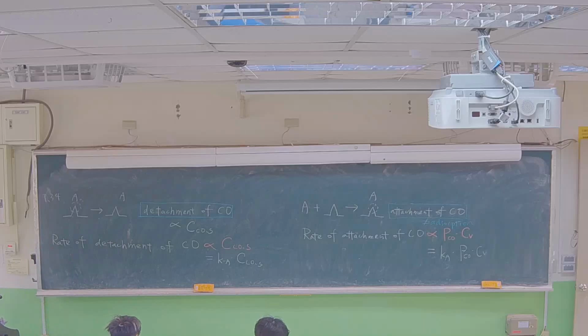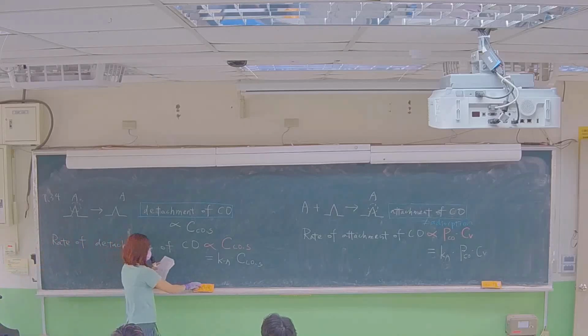So we have the equation for attachment and detachment. In a single adsorption step, attachment and detachment could happen at the same time. So we have to sum these two to get the rate of adsorption.